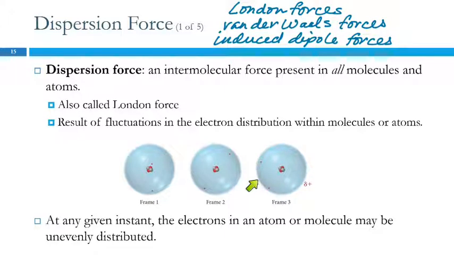Now this atom is not going to stay this way. The next frame would probably show the electrons more evenly scattered about again. And so this is a very, very brief uneven distribution of electrons, but it causes one side of the atom to be partially negative and one side to be partially positive.